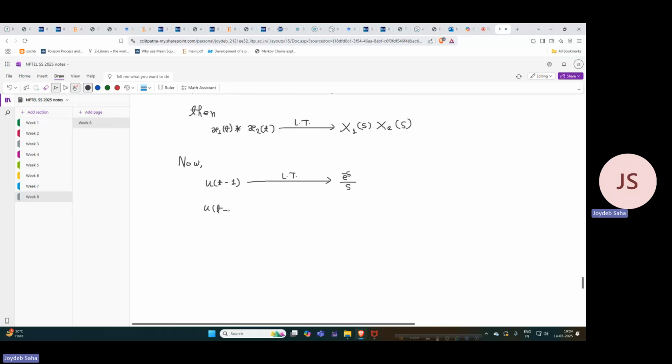U of t minus 2, its Laplace transform is e to the power minus 2s upon s.